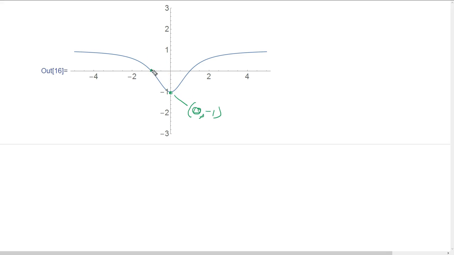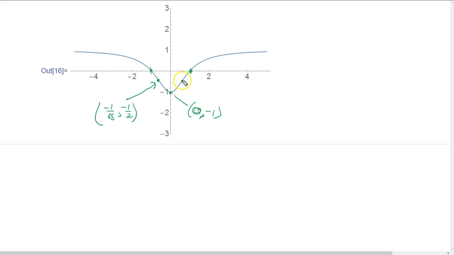We have x and y-intercepts at -1 and +1. Now it's a little difficult to see, but right here is our inflection point. That point right there is -1/√3, -1/2.